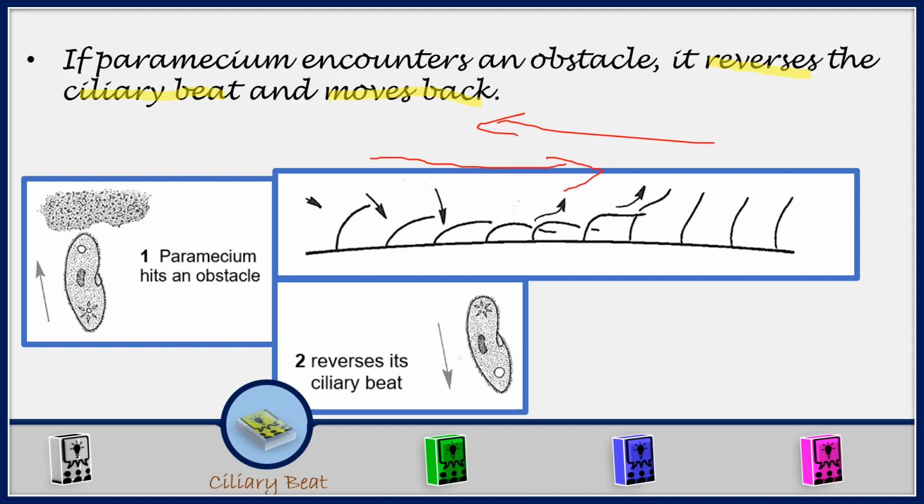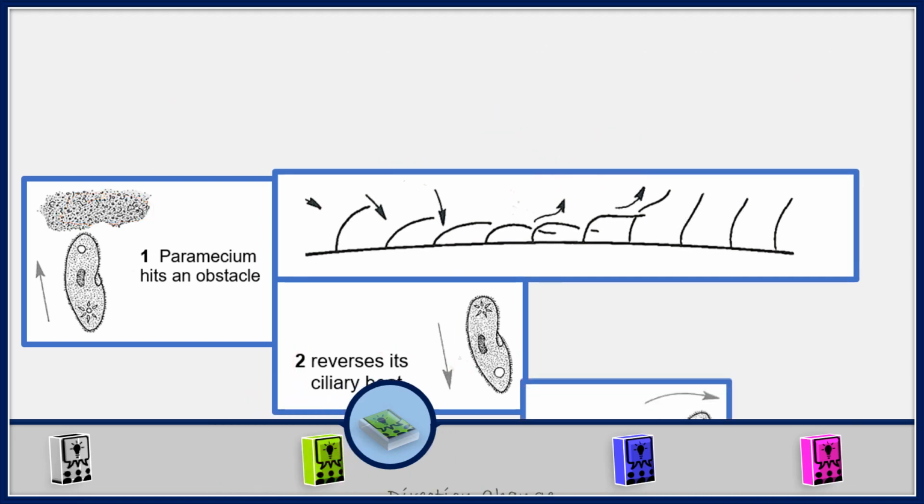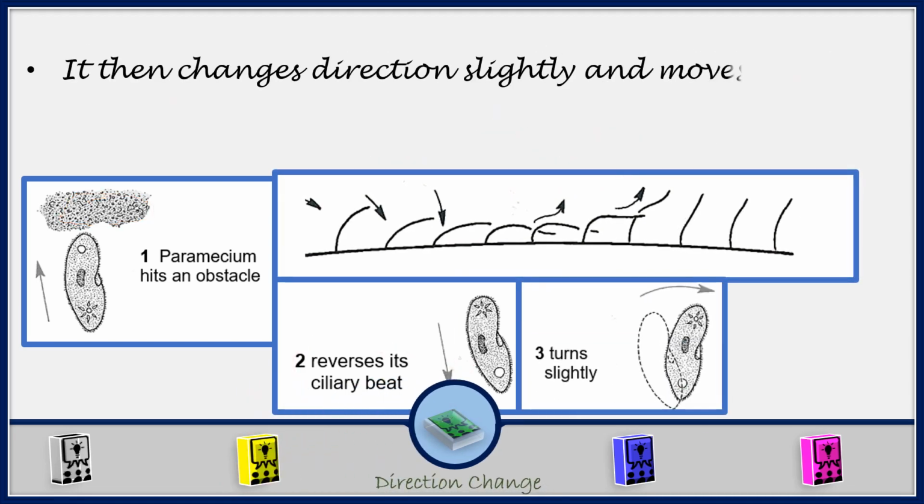After hitting the obstacle, the ciliary beat changes direction, and it reverses in the opposite direction. When it reverses, it will move backwards. Then it will change direction slightly and start moving forward.